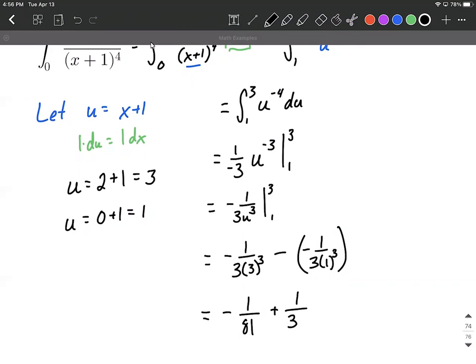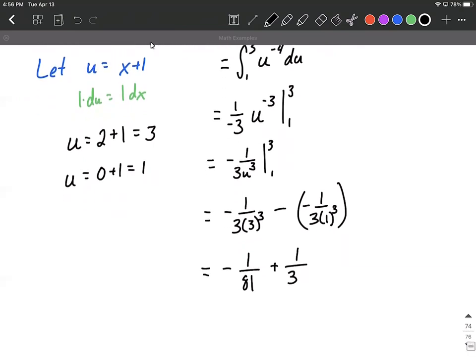All right, finally, let's get a little bit better answer than this by getting a common denominator. I think 81 can work as a common denominator, so I'm going to multiply our second fraction by 27 over 27. So negative 1 81st plus 27 81st will work out to be 26 81st.